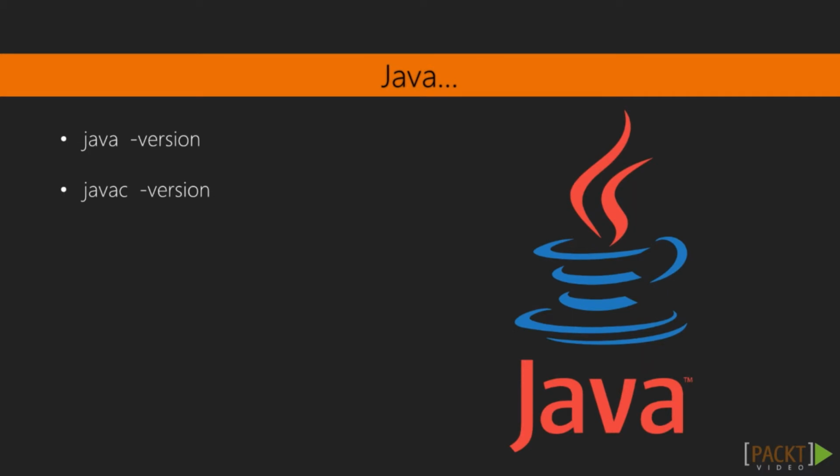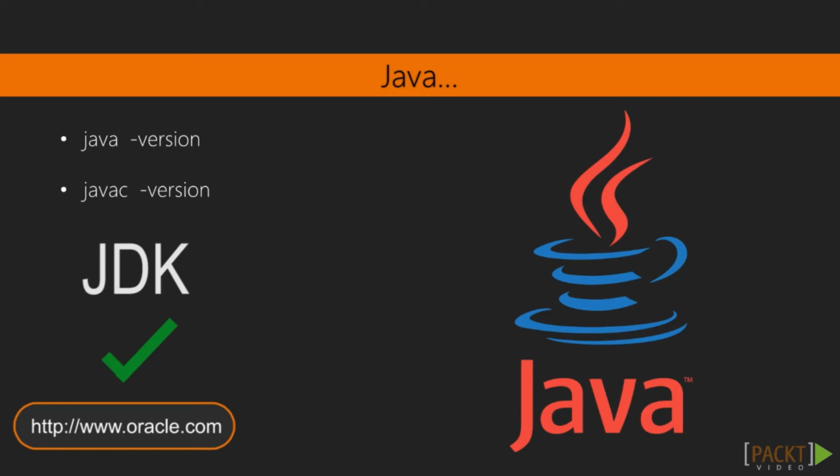If you haven't installed Java on your computer, now is a good time to install Java. After the installation, set the correct path for Java. Go to oracle.com, download and install Java JDK. Make sure that it is the JDK and not JRE, Java Runtime Environment.